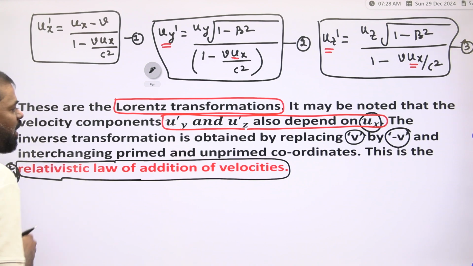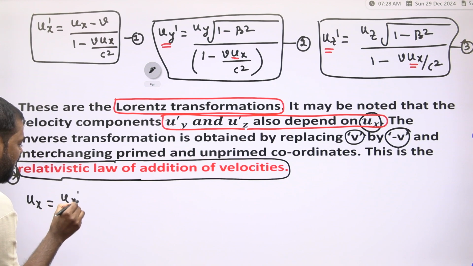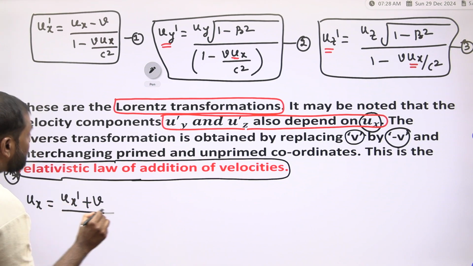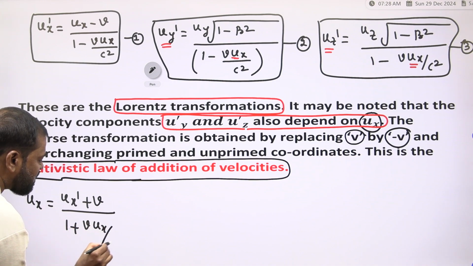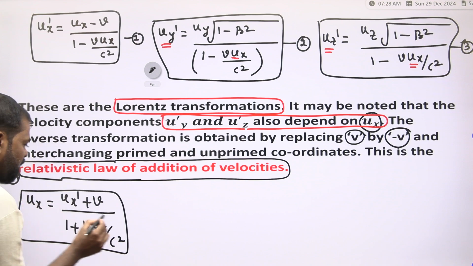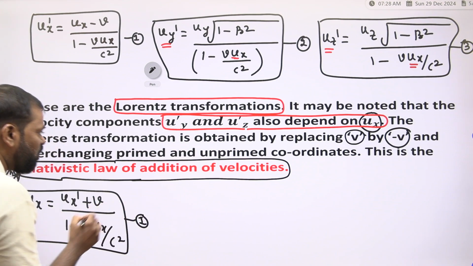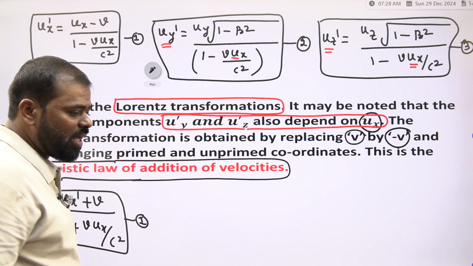This is very important. How do we write the inverse transformations? ux is equal to ux dash plus v divided by 1 plus v into ux dash divided by c square. This is equation number 1, the inverse transformation of a Lorentz equation.